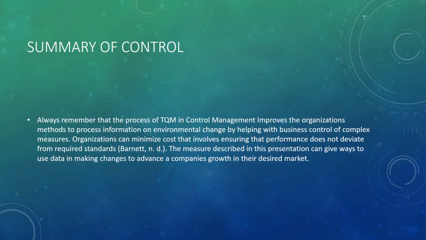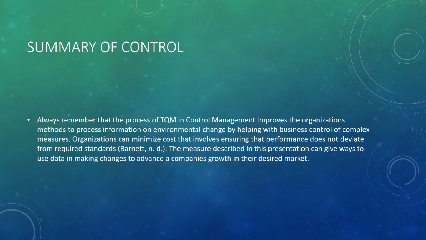Summarizing this presentation, always remember that the process of TQM and control management improves the operations, methods of processing information and environmental change by helping with the business control and the complexity that measures it. Organizations can minimize costs by ensuring that their performance does not deviate from required standards.